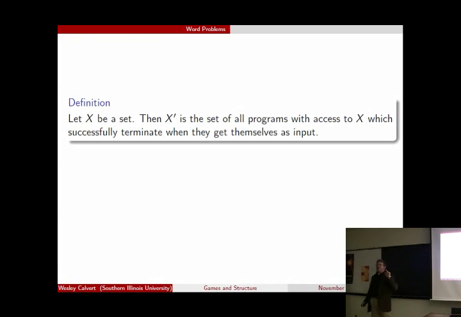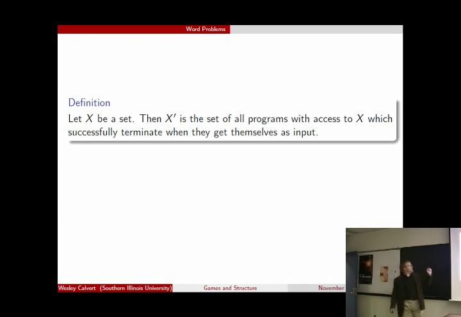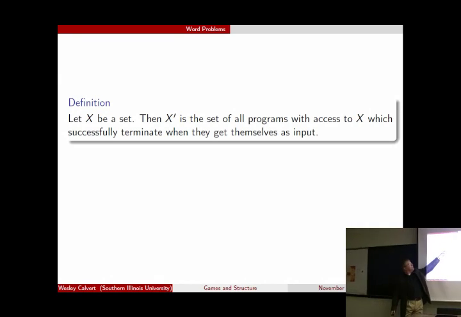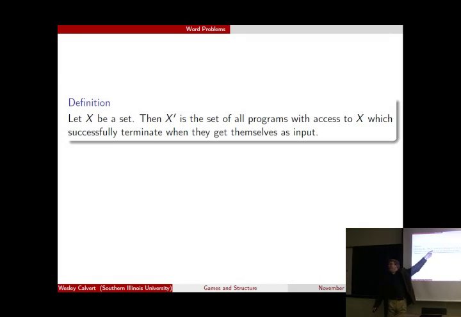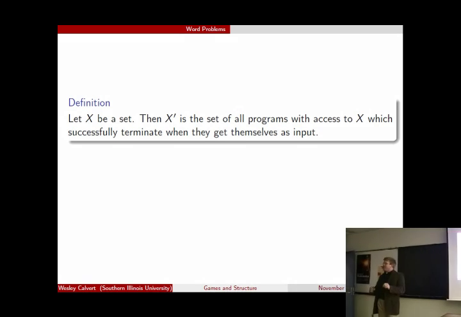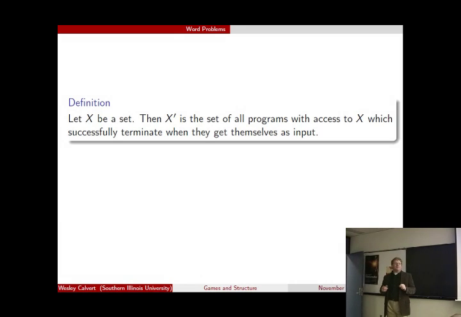And you can make more benchmarks in the same way. So take a set X. We read this X jump. So now, instead of just a program, you let this program have access to a database. And this database will tell it everything it wants to know about X. The program, in the course of running, can get to a point where it would know what to do if it knew whether n was in X or not.